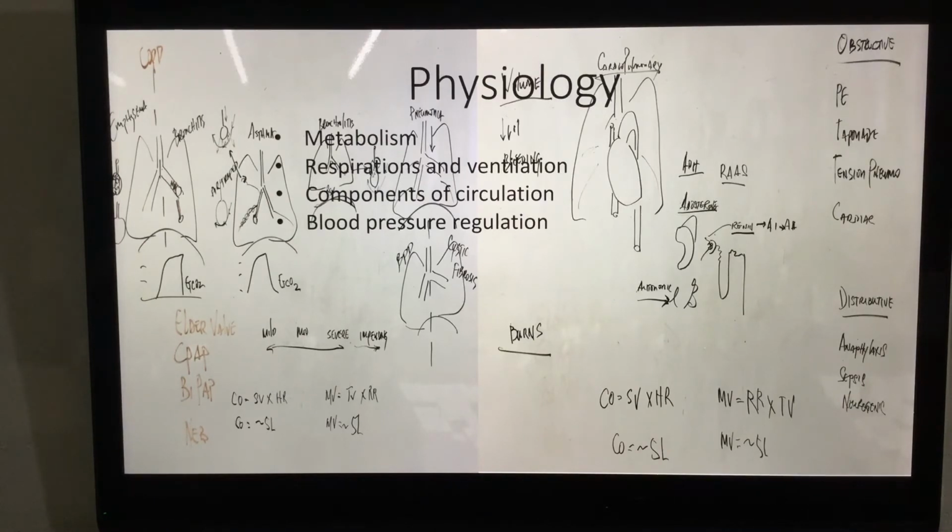Blood pressure is regulated through some of these mechanisms. As a circulatory system, blood vessels can constrict and dilate to accommodate for increases or decreases in our blood volume.